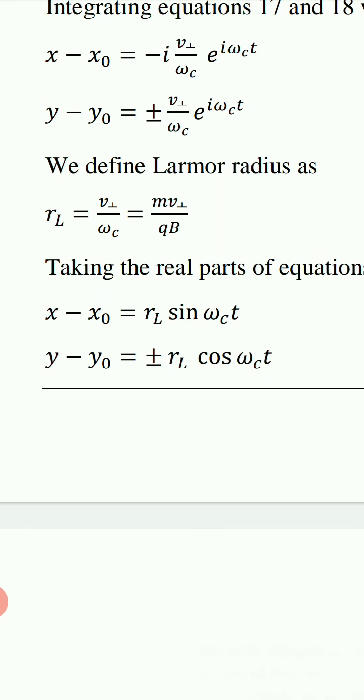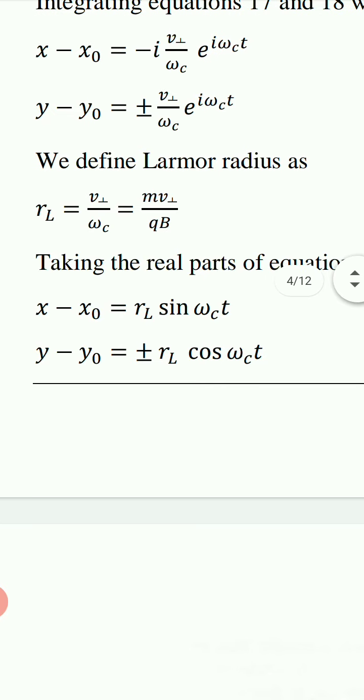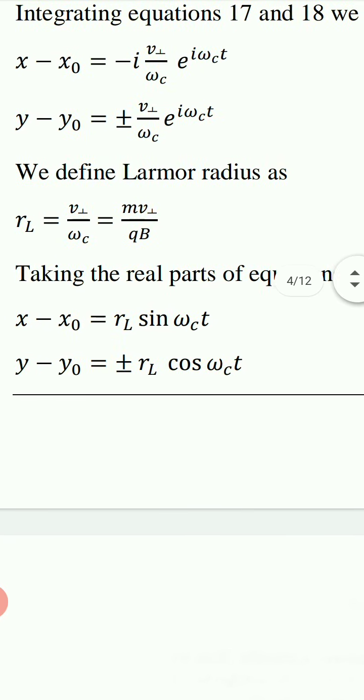If we take the real part, we must write e to the power i omega c t as cos omega c t plus i sin omega c t, and separate the real and imaginary parts. The imaginary part is that which has the term i, and i square is equal to minus 1.